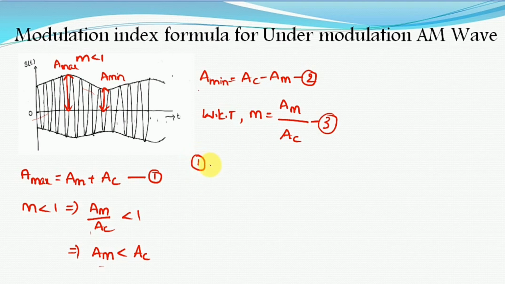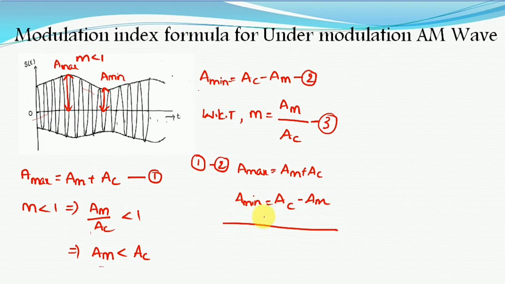So I can write the difference, equation 1 minus 2, then I can find the Am value. A maximum is Am plus Ac and A minimum is Ac minus Am. If I take the difference, I can write A max minus A min is equal to Am plus Ac minus of Ac minus Am.